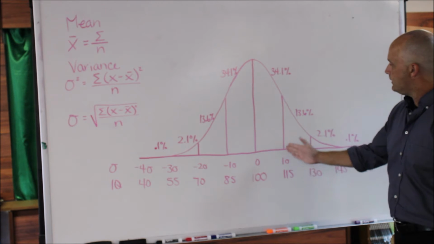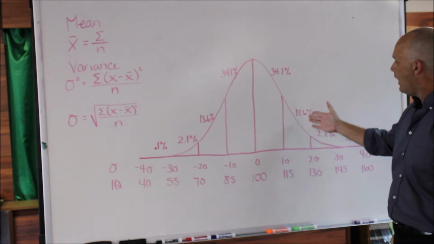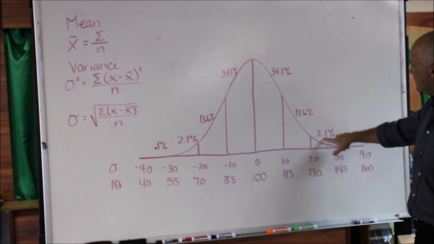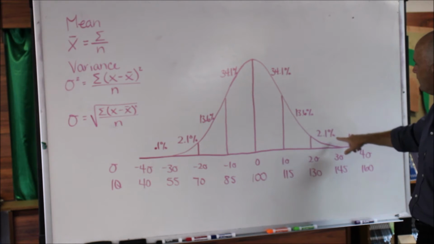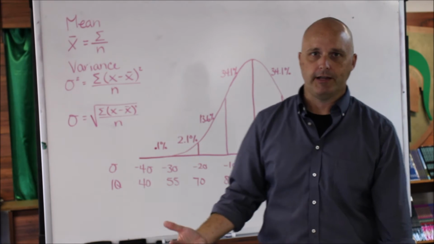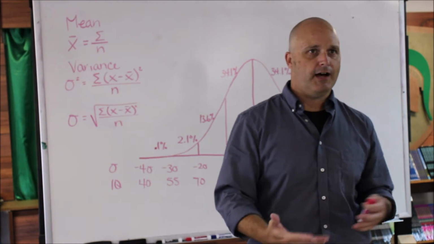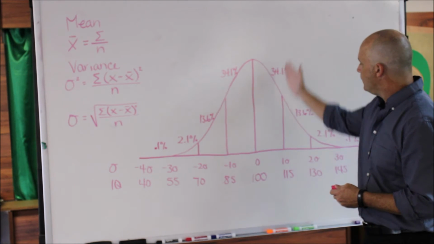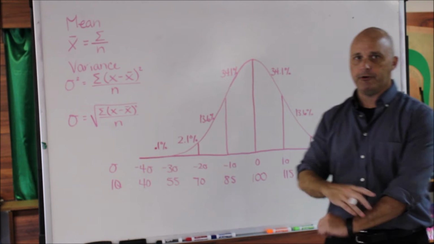Here, at 1 standard deviation, you would have a higher IQ than 84.2% of the population if you were at 1 standard deviation from the norm.